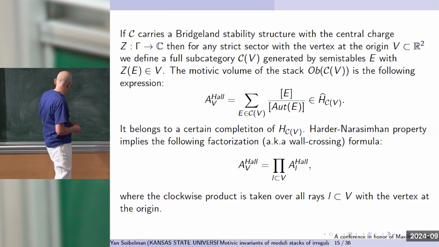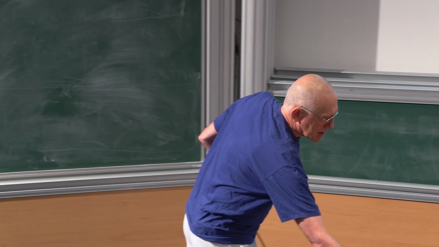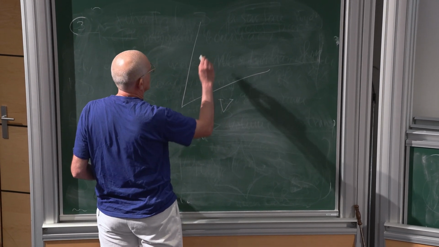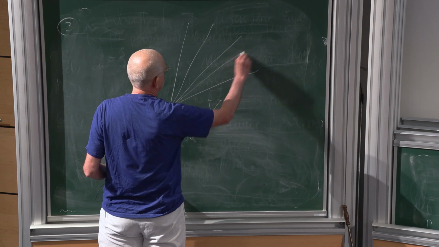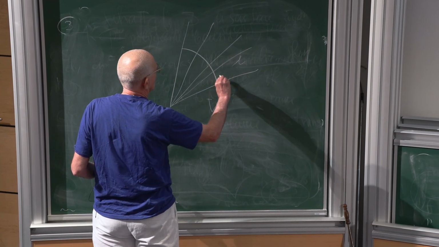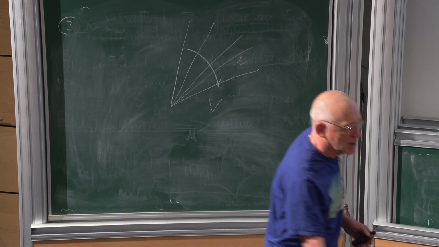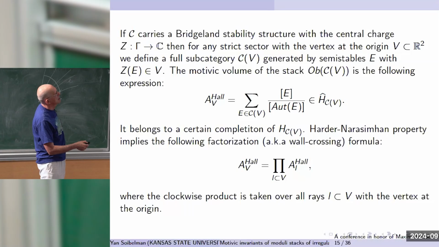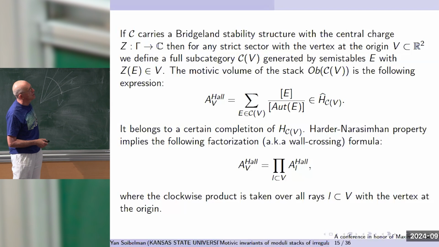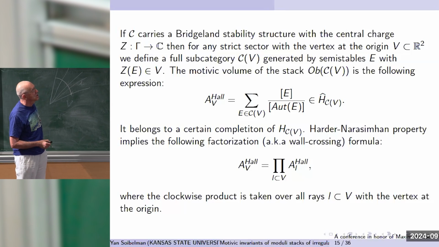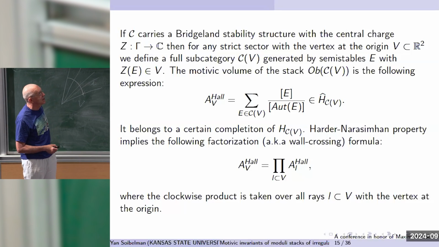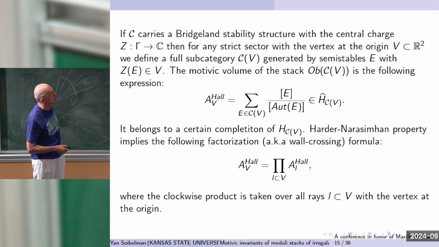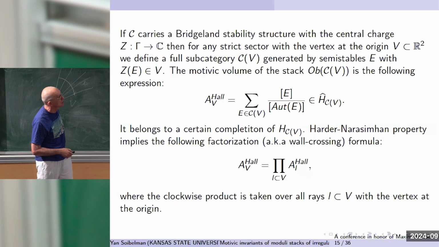So if you have a sector V, there are infinitely many rays. We take a clockwise product of Motivic volumes of categories corresponding to individual slopes, and these correspond to subcategories generated by semistables with a fixed slope, whose central charge belongs to a ray.